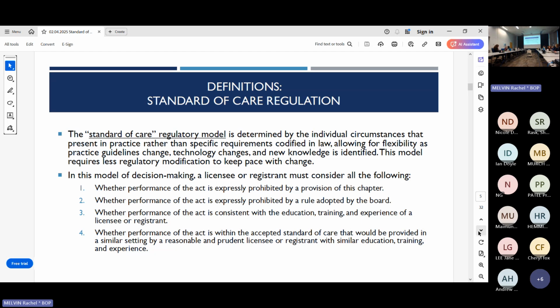So in general, just to generalize, standard of care regulations do not require frequent reviews and updates. And that enables a more innovative approach to practice, which can also translate to enhanced patient care and safety in some instances. Standard of care, or SOC, regulations are permissive in nature and depend, again, on the individual circumstances present rather than rigid prescriptive laws that do not change.